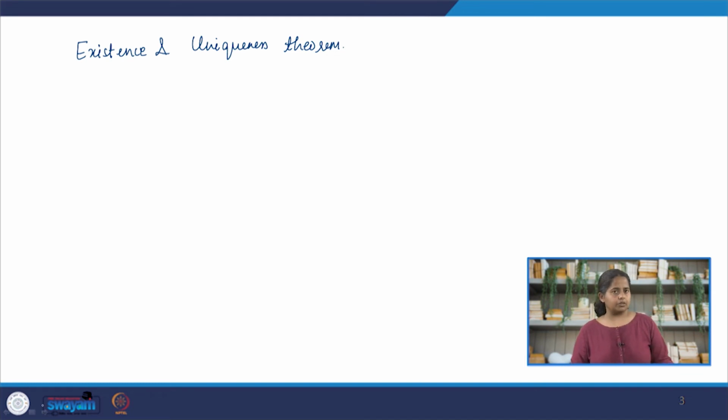If our system does not have a unique solution that exists in a given time interval and domain, the qualitative approach fails, and also the quantitative approach. So existence and uniqueness theorem, very simply, because this is not a mathematics course, it's a course for environmental engineers, environmental scientists, and practitioners in this field.